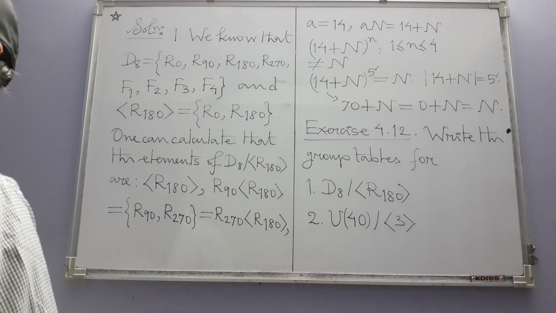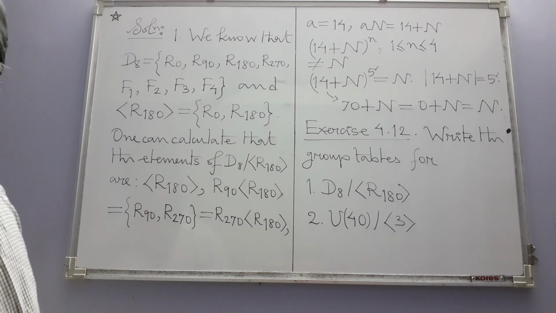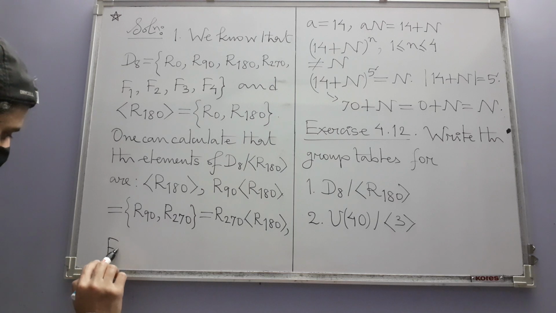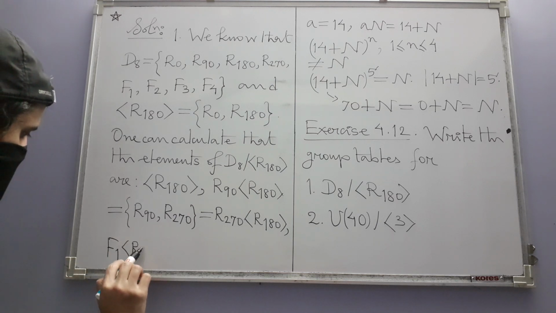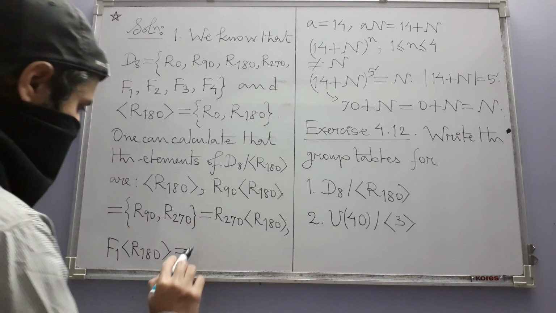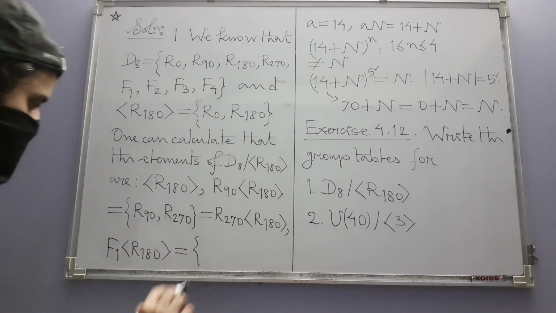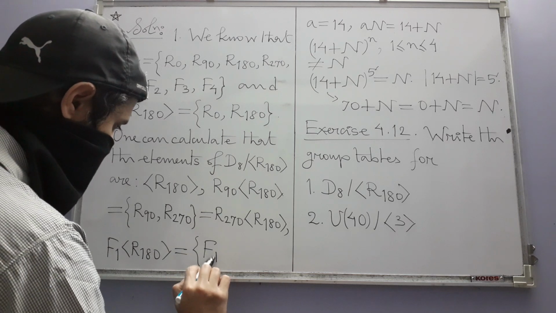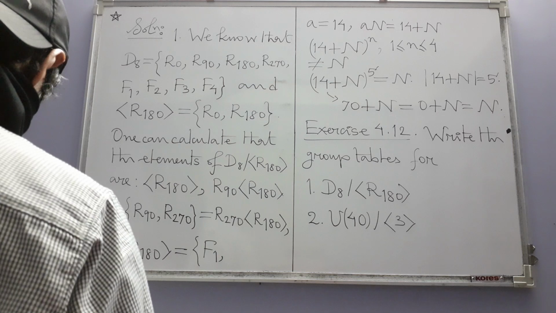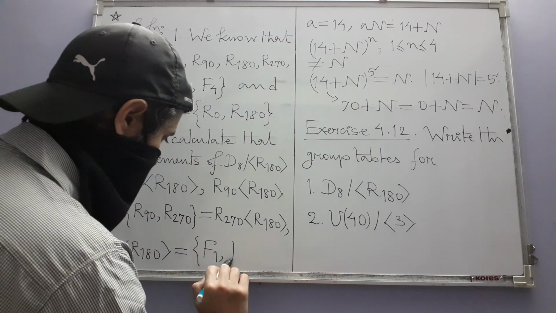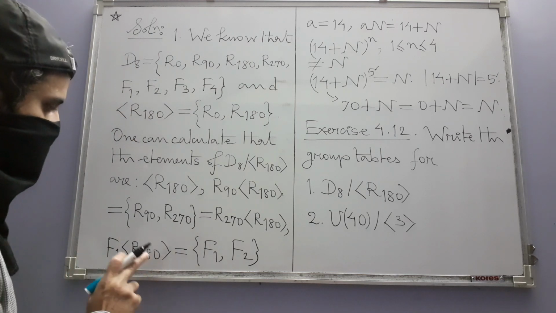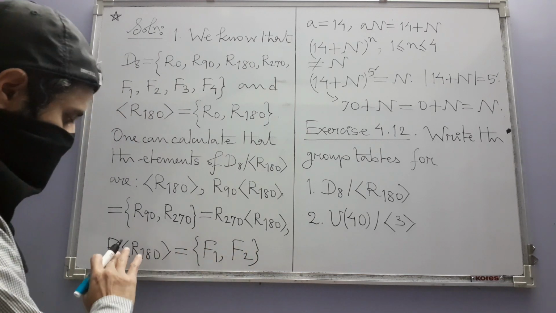Okay, then we have F1 R180, and that turns out to have two reflections. One of them is F1 and the other one is F2. So you can understand that this same can also be expressed as F2 R180.